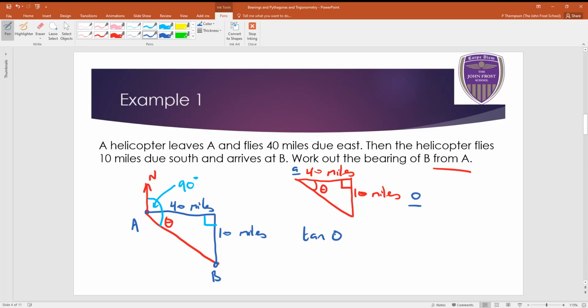So tan theta, but tan is opposite over adjacent. It's O over A. And if you want to find an angle, you need to take the inverse tangent in this case. So shift then tan on the calculator, and you're going to get 14.04 degrees to 2 dp.